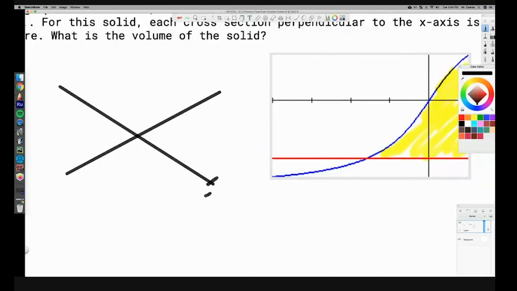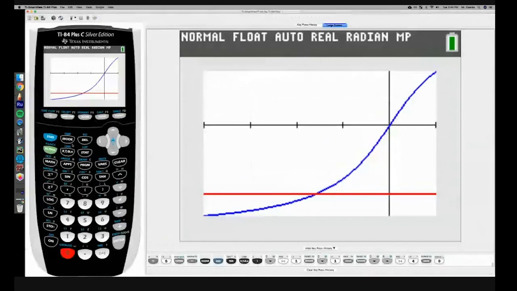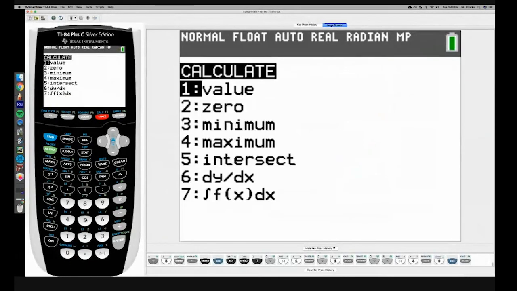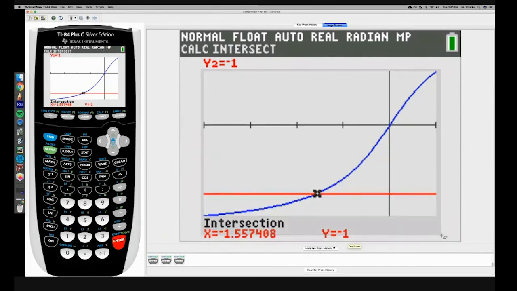Let's just say this is x equal to 1 here. And whatever this intersection is, it looks like a weird intersection, so you're going to have to do second calc, 5 to find that intersection. Holy cow. 1.55, yeah. All right, I'm going to store it.